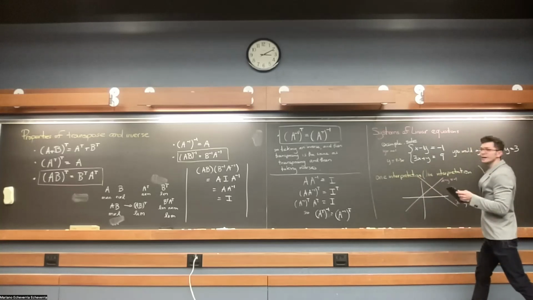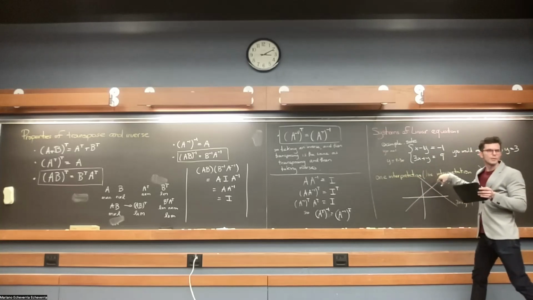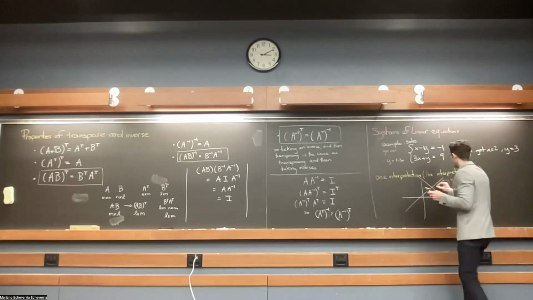So the point (2, 3) actually corresponds to the intersection of the lines, right? That's the whole point of solving the system, to figure out whether the lines intersect or not.